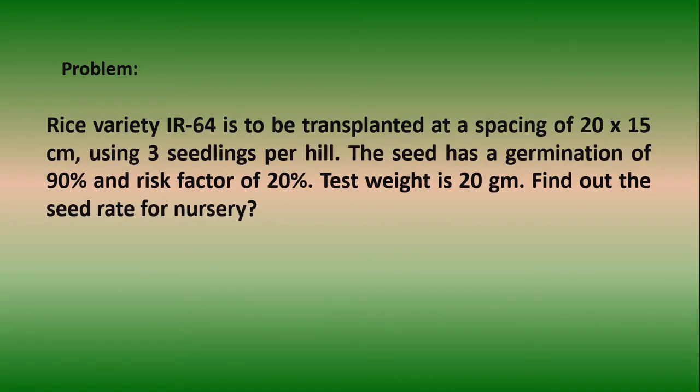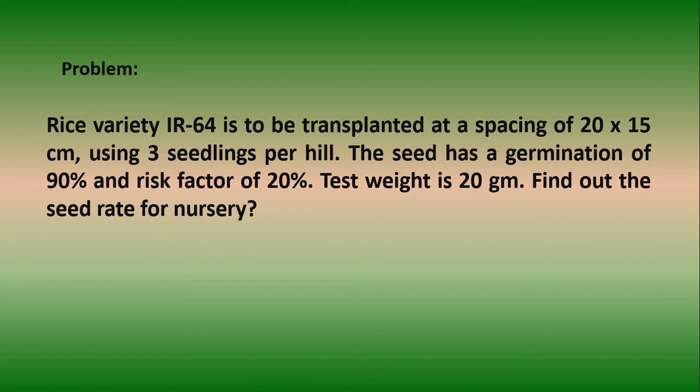Let's see one of the problems. Rice variety IR64 is to be transplanted at a spacing of 20 into 15 centimeter using 3 seedlings per hill. The seed has a germination percentage of 90% and a risk factor of 20%. Test weight is 20 grams. Find out the seed rate for the nursery.